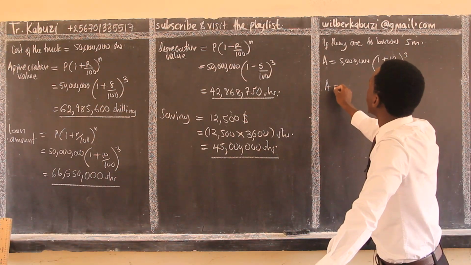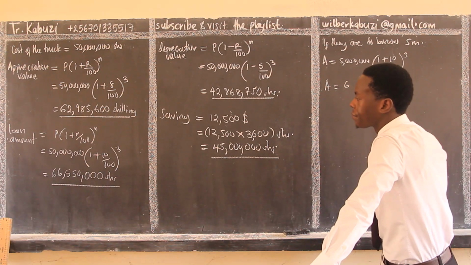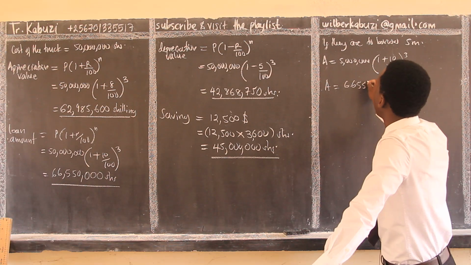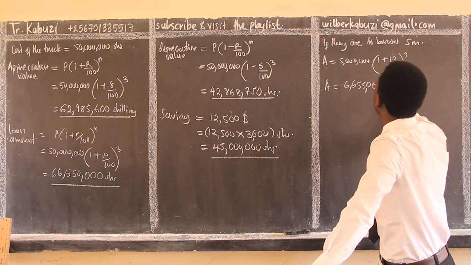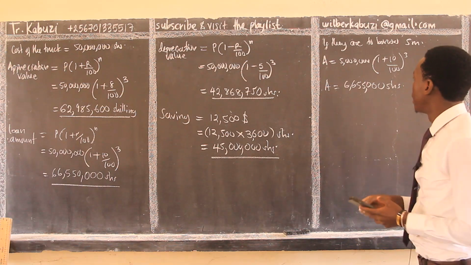So the amount will be 6,550,000. So that's what they will pay in shillings.